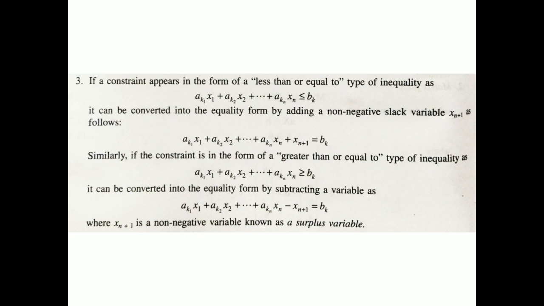If n is greater than m, then we have to choose some variables as dependent variables and some as independent variables. We choose m dependent variables and represent them in terms of n minus m independent variables.